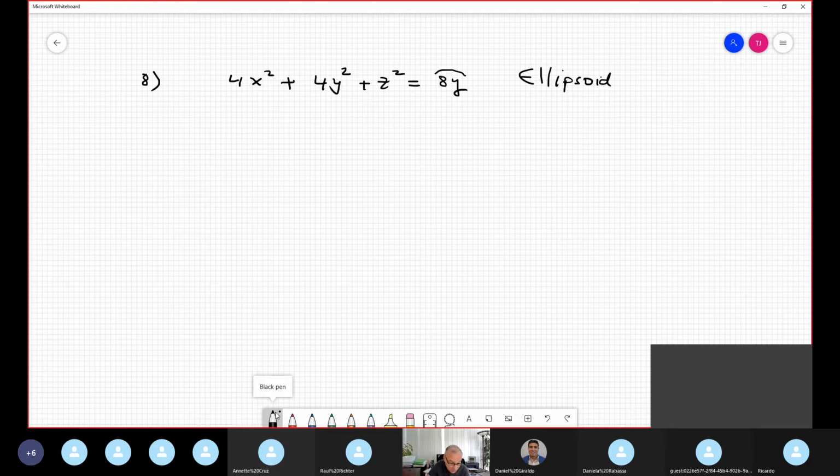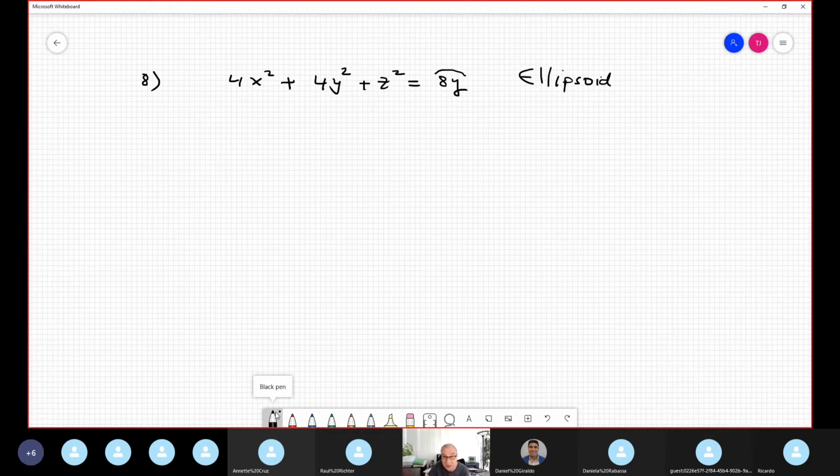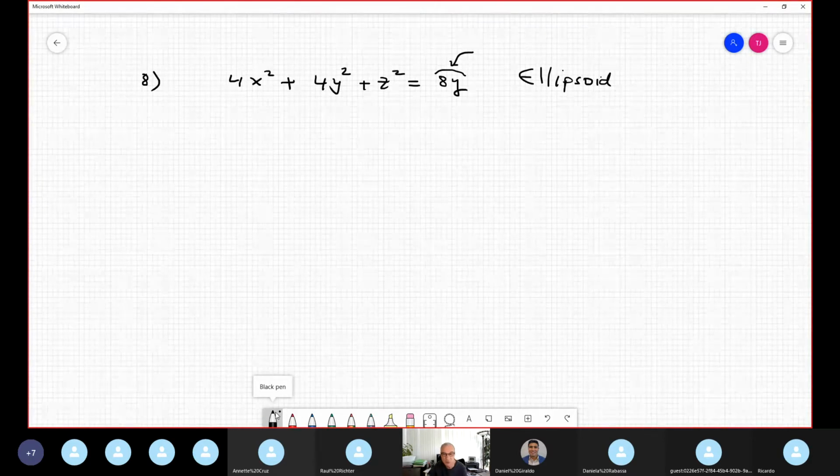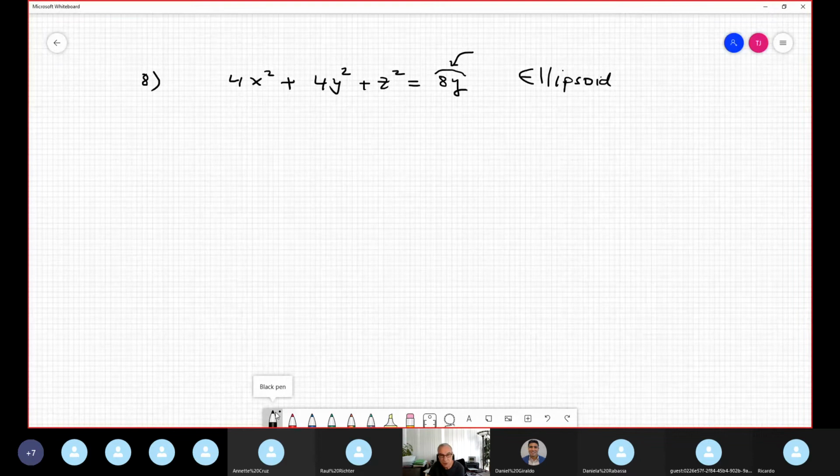But it's important, for example, to determine exactly the center of this ellipsoid, and some traces to understand a little bit better, right? Okay, so I need to manipulate. For example, this y, what is the interpretation of that part? The interpretation is, can we have some shift in the y direction?